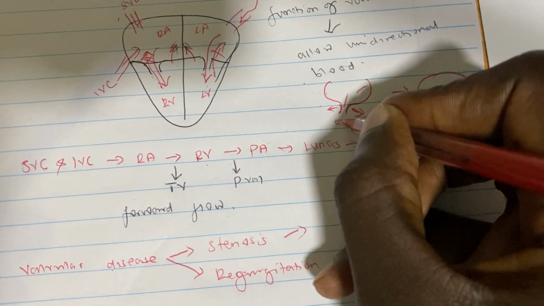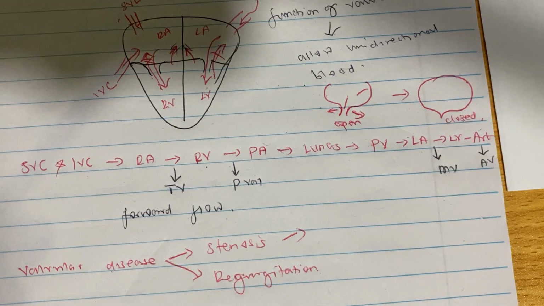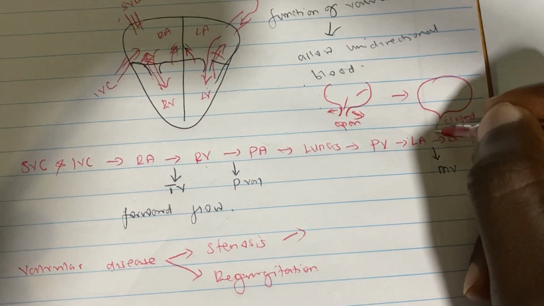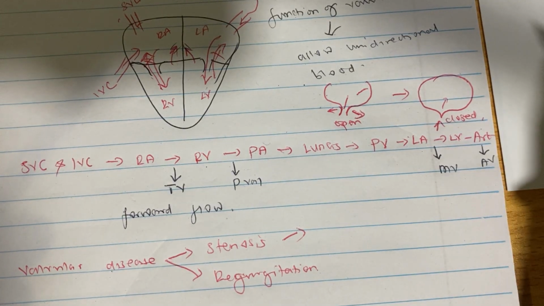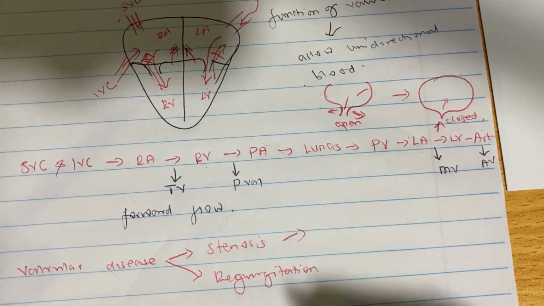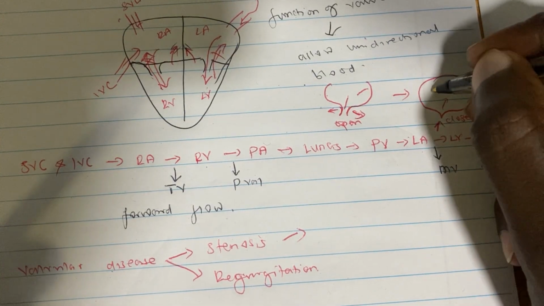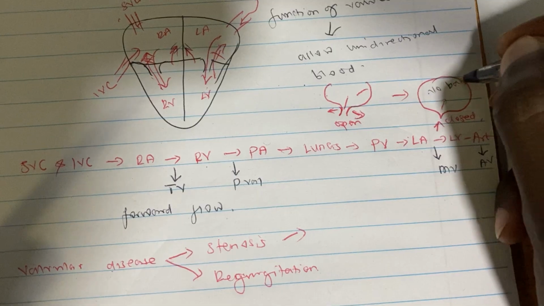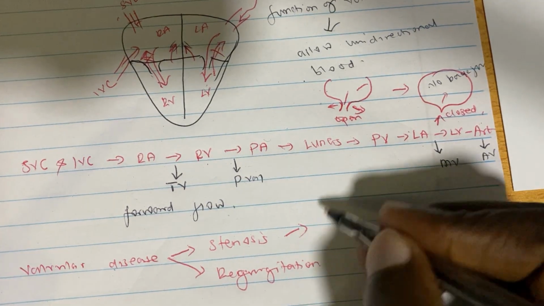This is an open valve, this is a closed valve, so blood going this side cannot pass. You understand? When it's open, it allows forward flow. When it closes, it prevents backflow. So no backflow, and then forward flow.